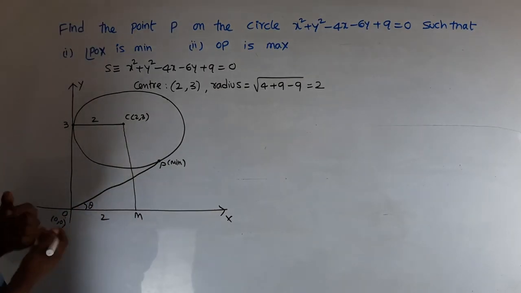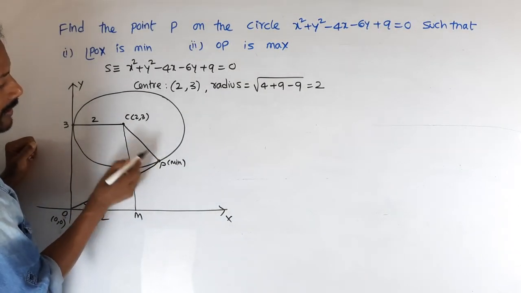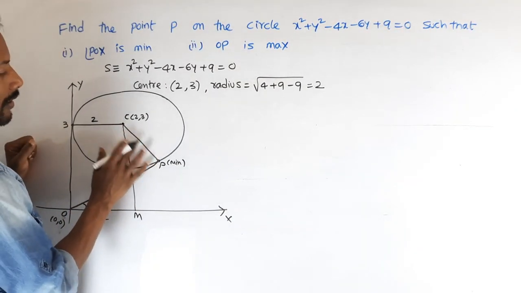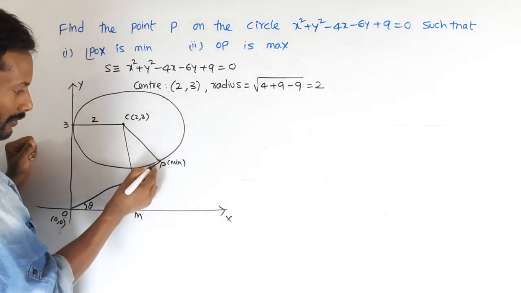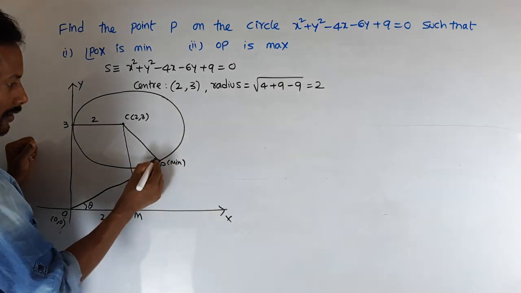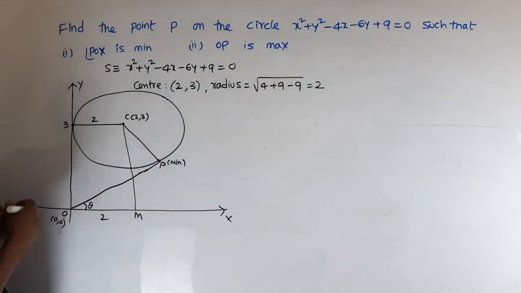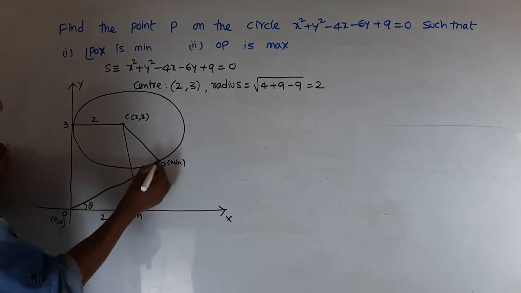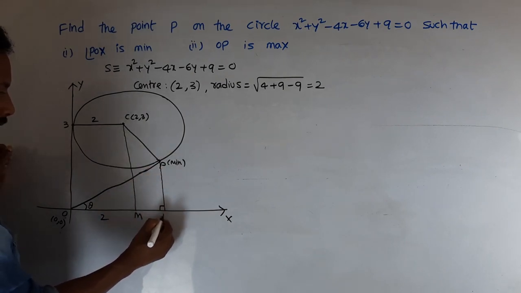This angle is theta. CP is the radius, and the angle between the radius and the tangent at the point of contact is 90 degrees. Draw a perpendicular; this point is N.